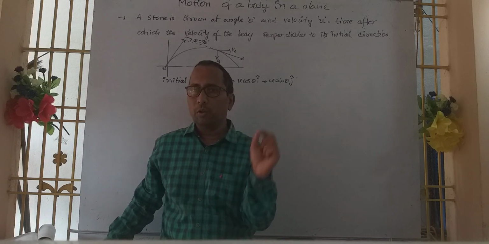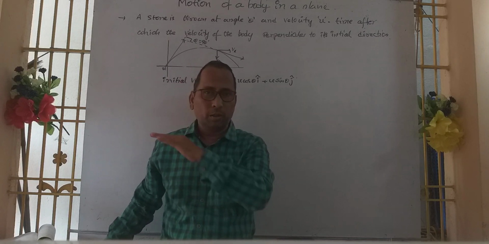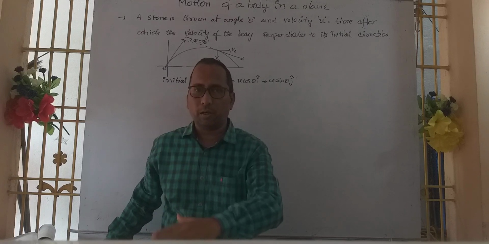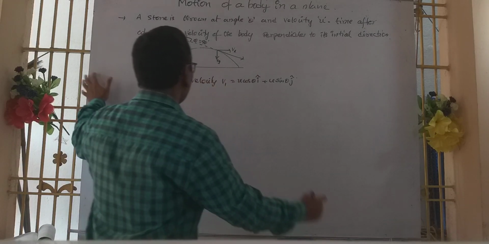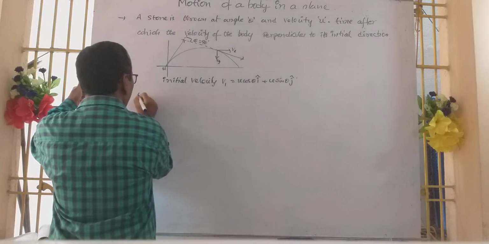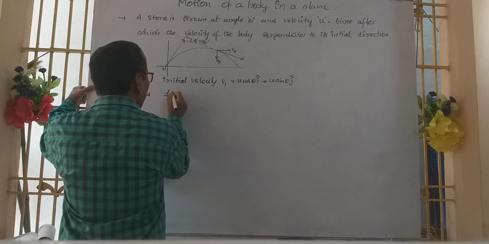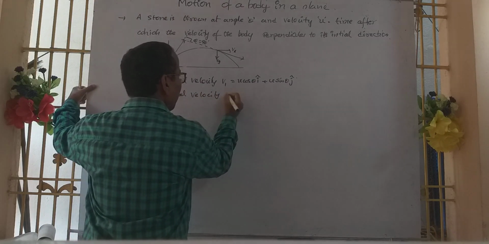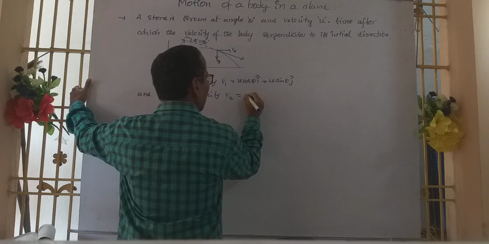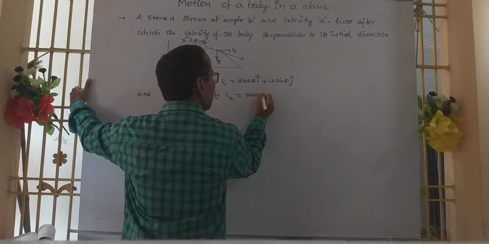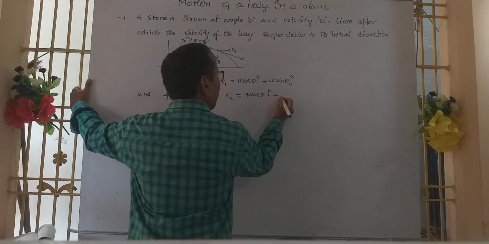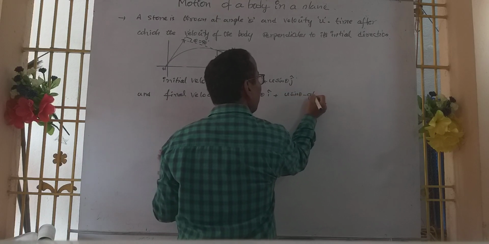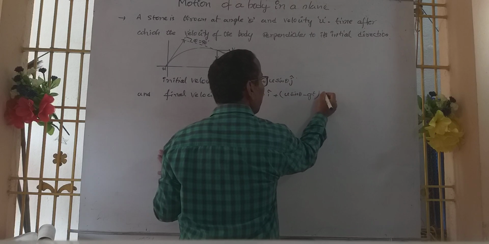That's why the initial velocity is assumed as v1. v1 is equal to u cos theta i cap, that is the horizontal component, plus u sin theta j cap, the vertical component. Then the final velocity v2 is equal to u cos theta i cap plus (u sin theta minus gt) j cap.